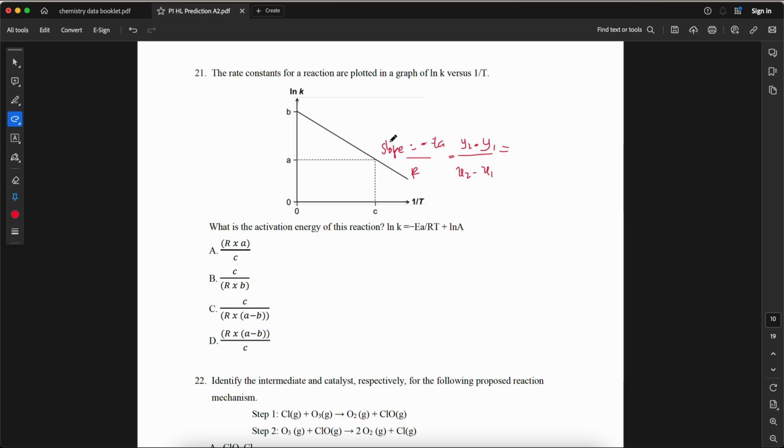So we can change it into A minus B, okay, divided by C, okay? And to find the Ea, of course, this one times R. So A minus B divided by C times R, which is D.